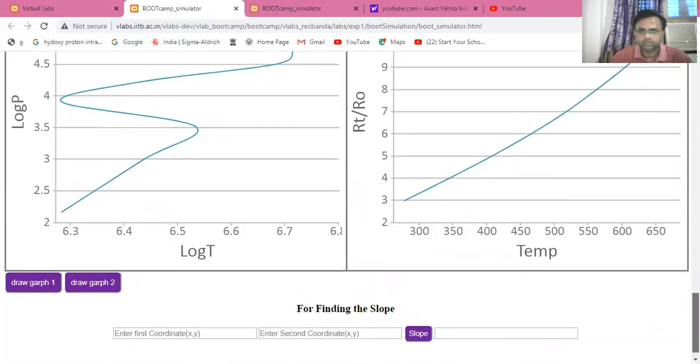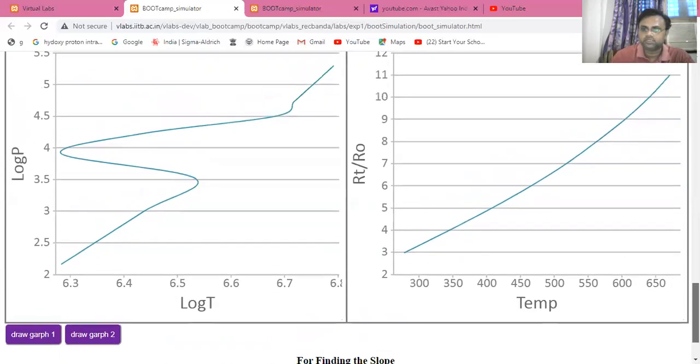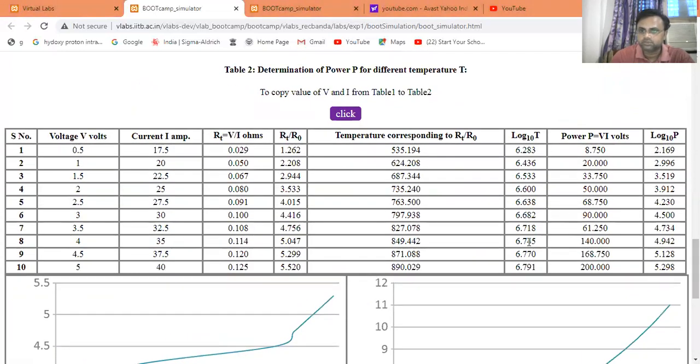The coordinates of x, y: the first coordinate is x 6.4 and y 2.4. We can write from here any, suppose it is 6.9.